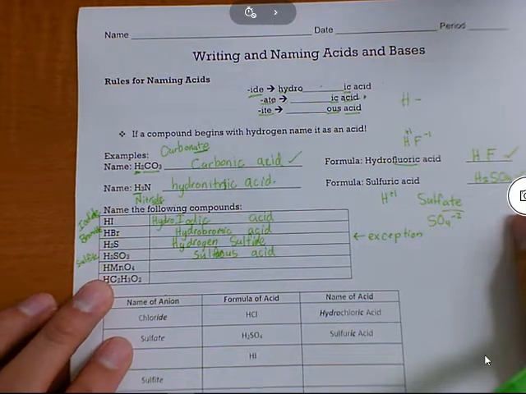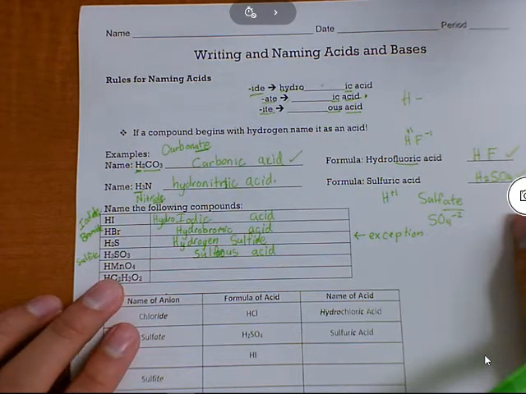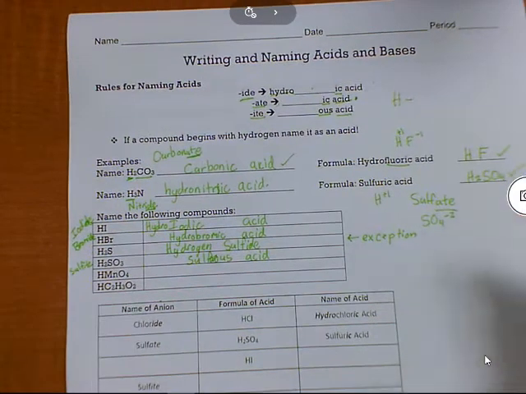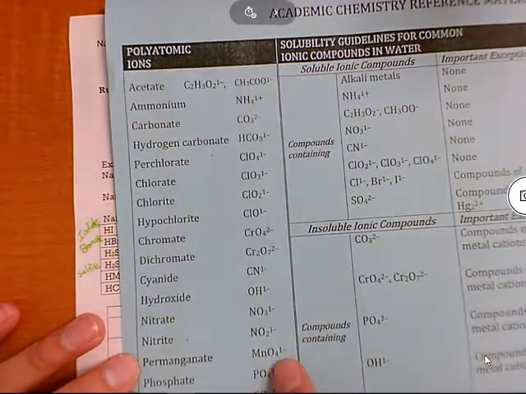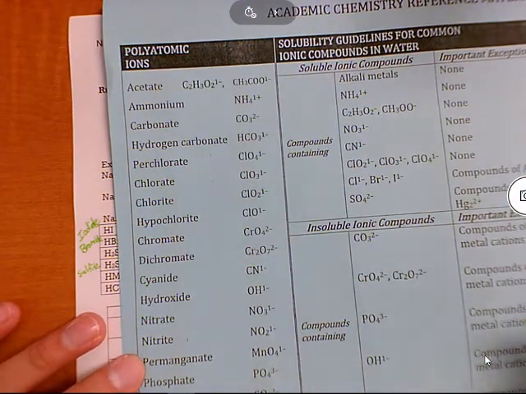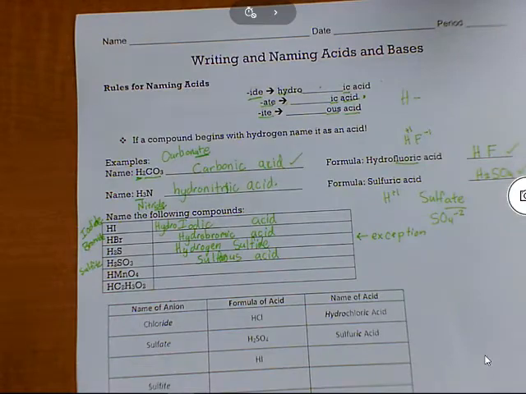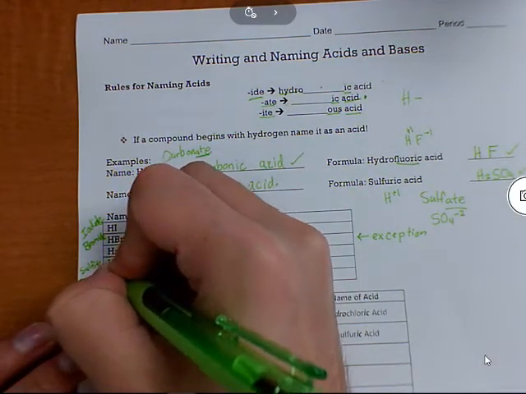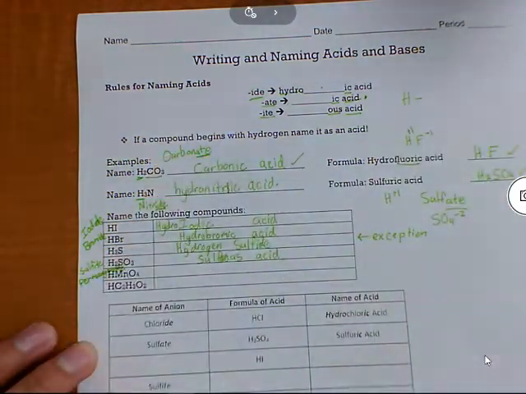Next one. HMnO4. Let's figure out what MnO4 is. That's a polyatomic ion. MnO4 is called permanganate. So, let me write it off to the side. Permanganate. It ends in ATE.